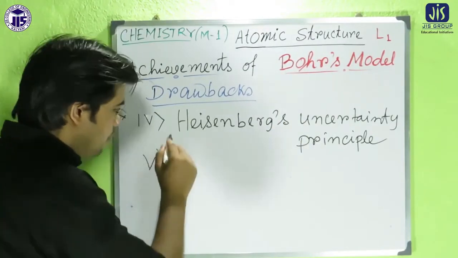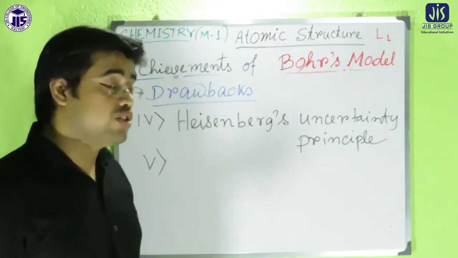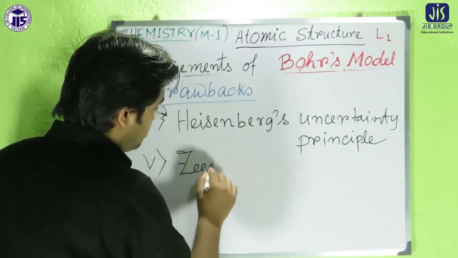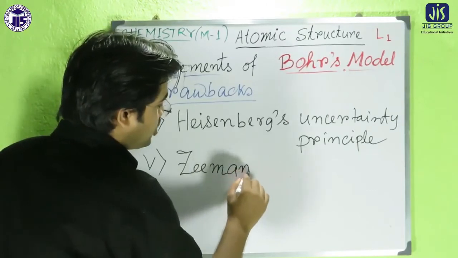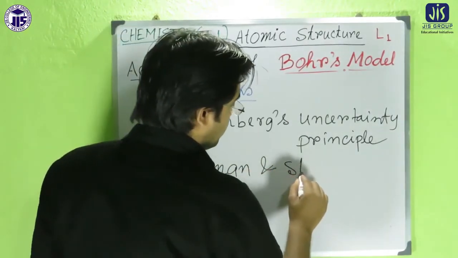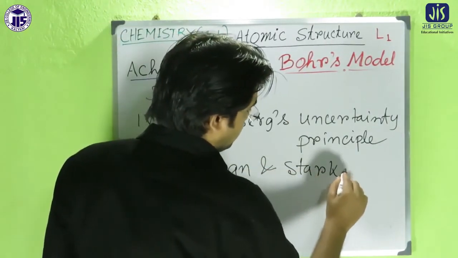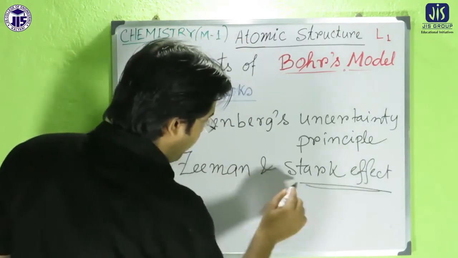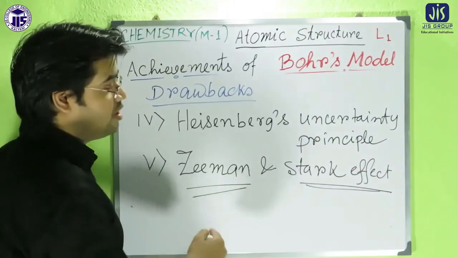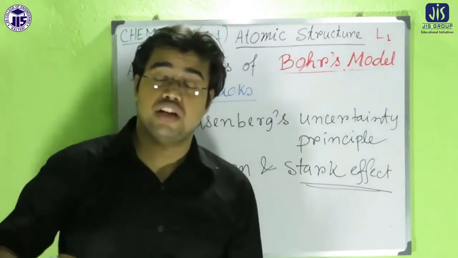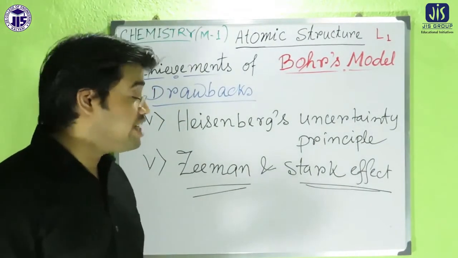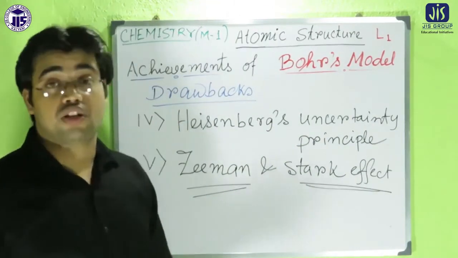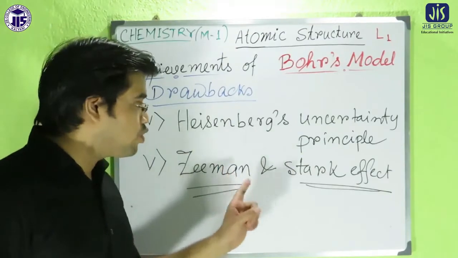Also, the Bohr model was totally unable to explain the Zeeman and Stark effect. The Zeeman and Stark effects are another kind of splitting of the spectral lines, in the presence of a magnetic field and an electric field, which was not explained by the Bohr model.